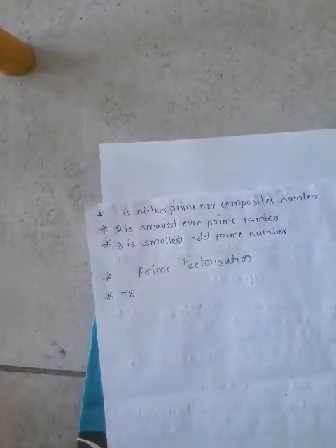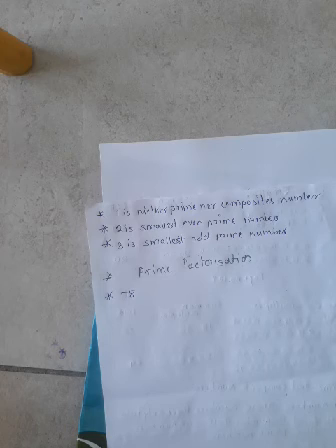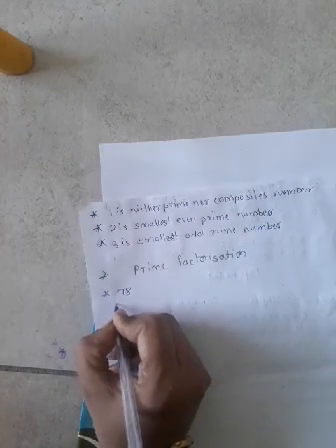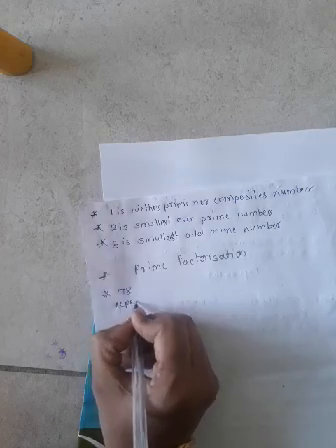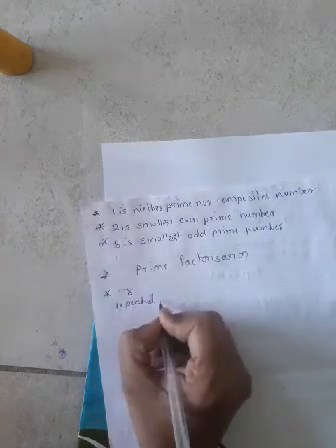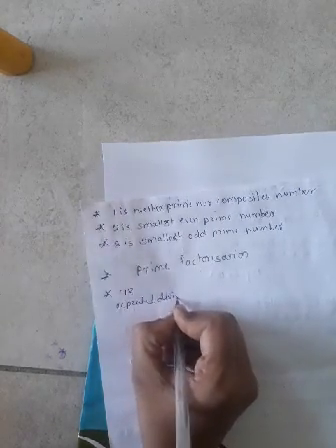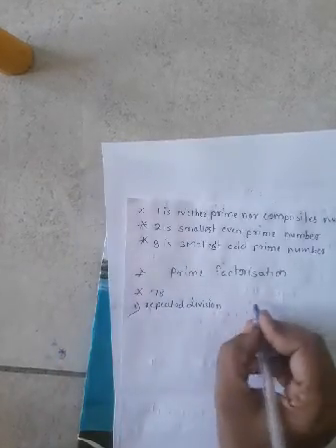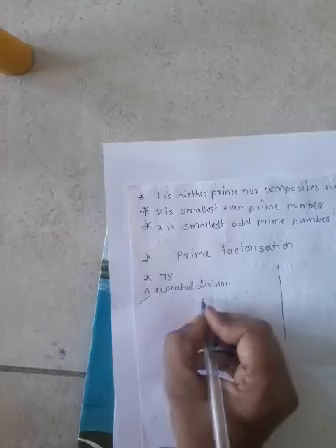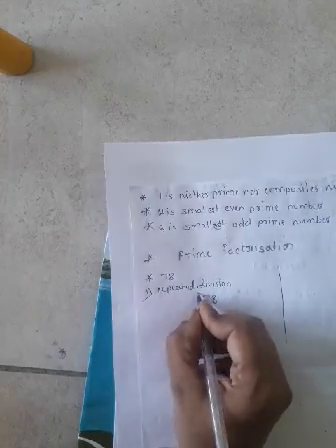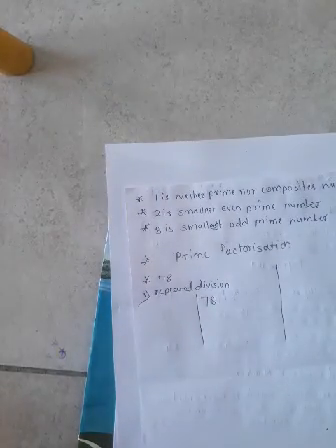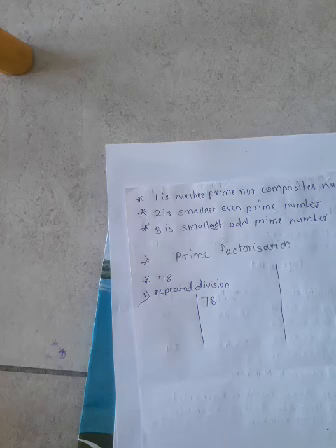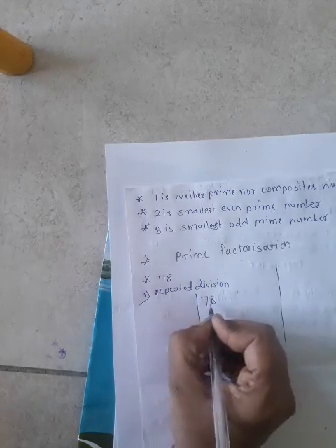Method 1, we used here repeated division. This one is the first method. 78. In front of 78, write there standing line and use there.